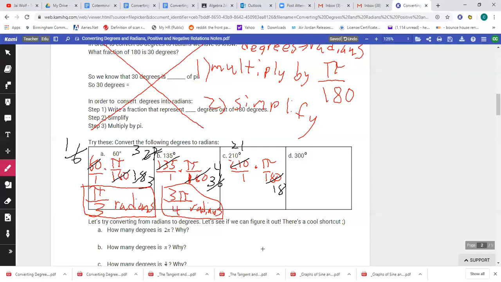I could divide by 3. 21 divided by 3 is 7. 18 divided by 3 is 6. So you see that it's mostly a simplifying fractions exercise. So here, the top, I'm just left with 7 pi over 6. And so that is my answer.